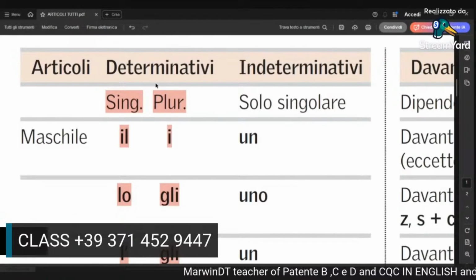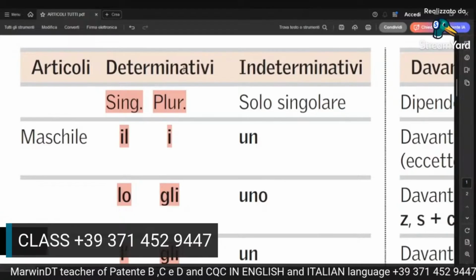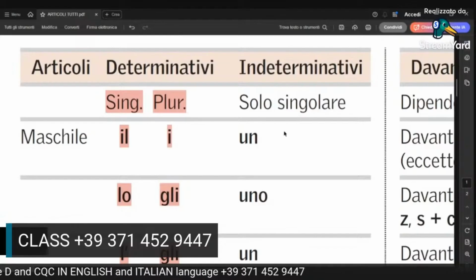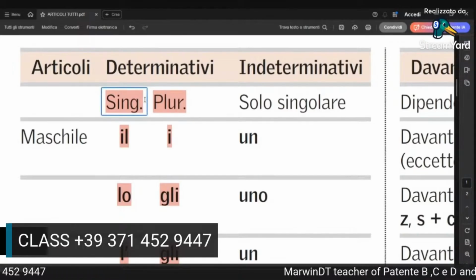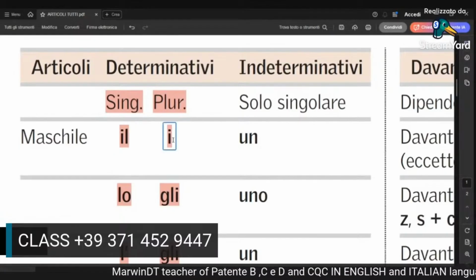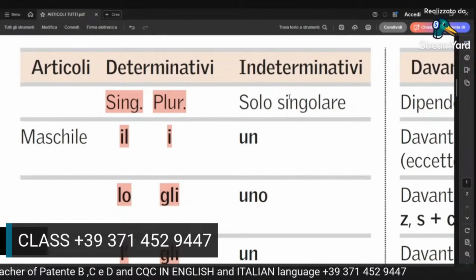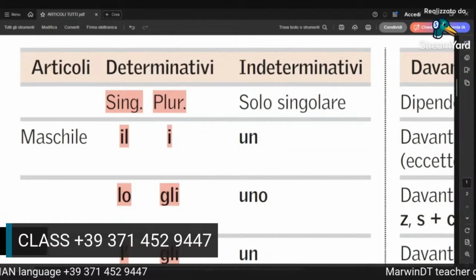Now, why is it that the articoli determinativi and indeterminativi have such differences? We already know that the singular of determinativi masculine is il and the plural is i. You have to remember these things. Indeterminativi singular masculine is un. What makes it un? Let's check the reason why.